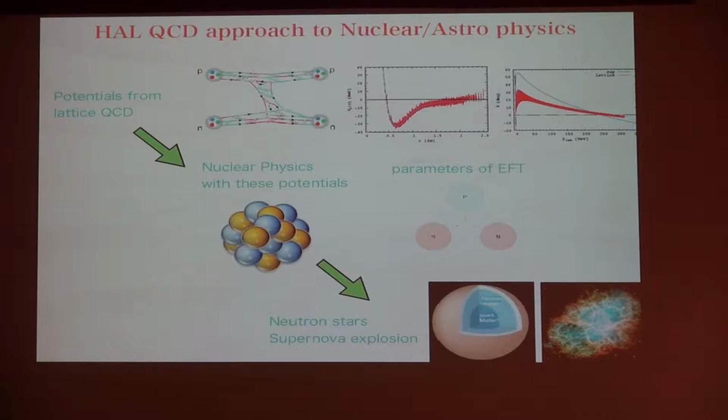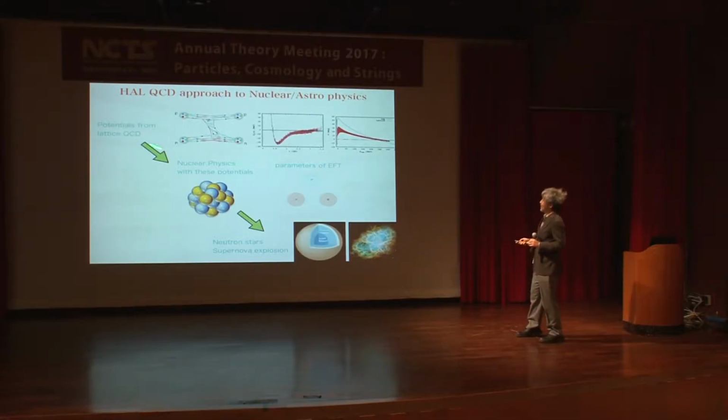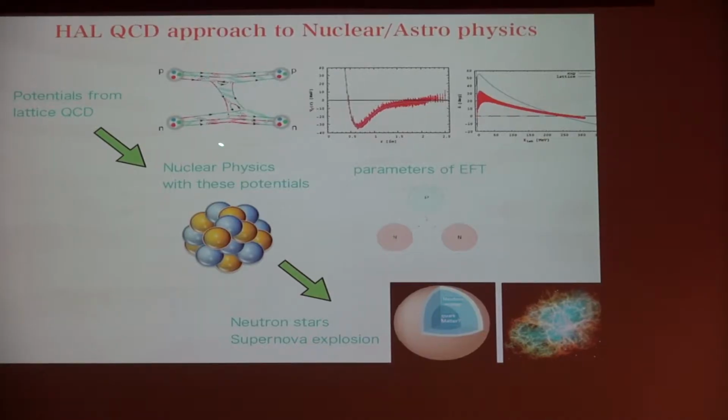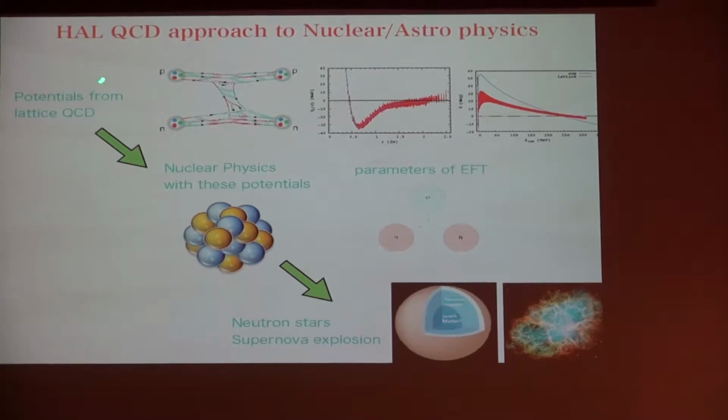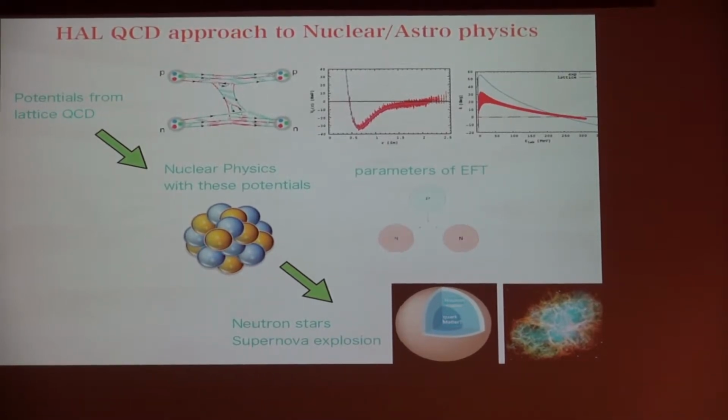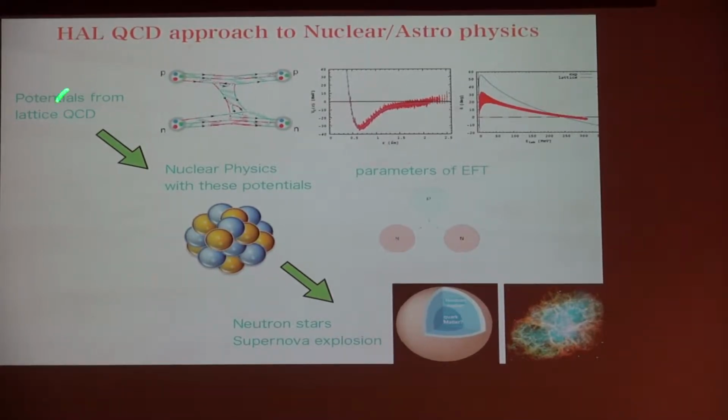Our task is first to calculate the hadron-hadron interaction, in particular in terms of the potential in lattice QCD, and provide this information to nuclear physics, to allow direct calculation of nuclear physics using this potential, or provide information on the parameters in the effective theory.